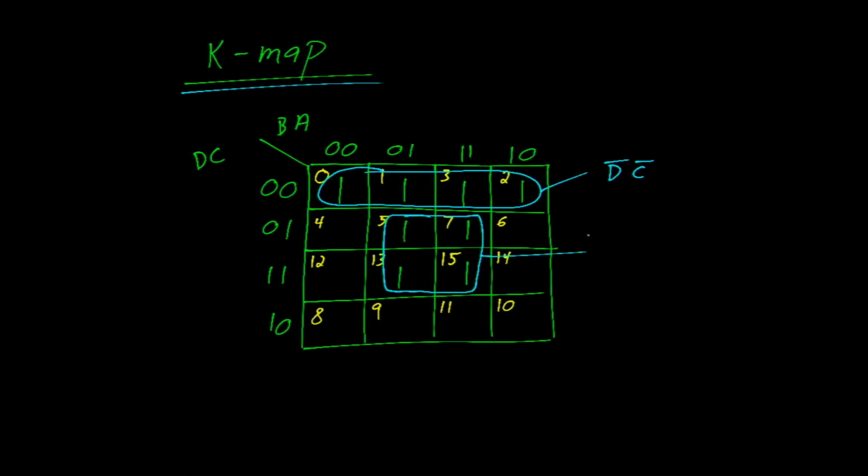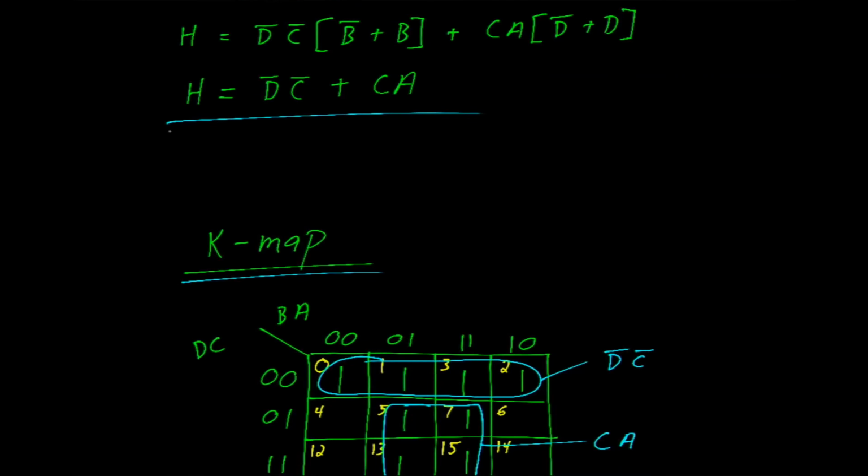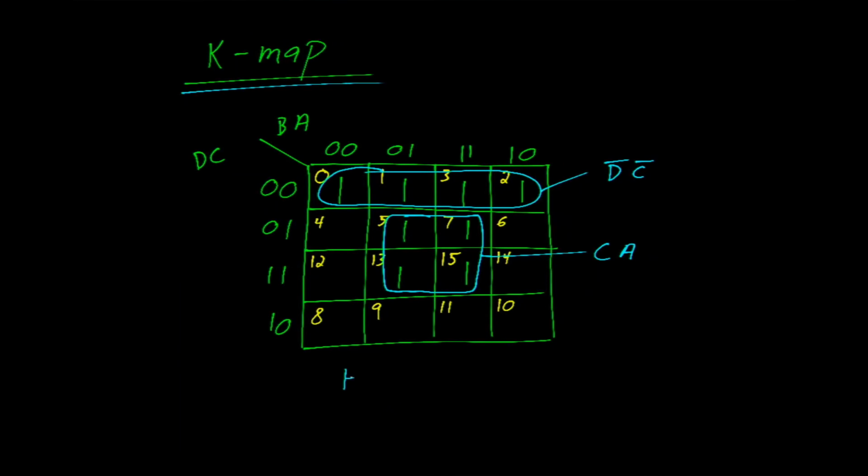That block is known as, let's see, here's a condition, so C must be true, and it looks like A must be true. So this block is CA. This is good because that's the same results we achieved when we simplified the circuit. So H is equal to D0, C0, or CA.